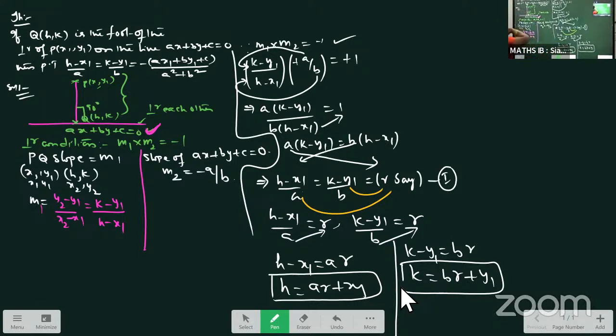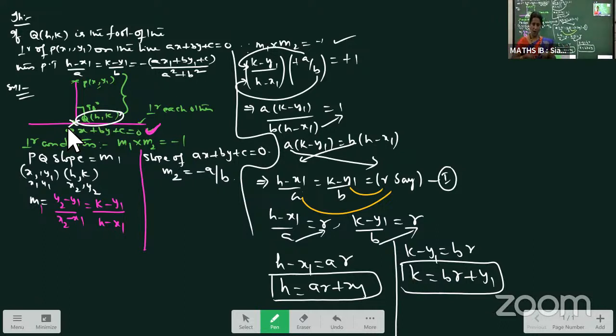See what we are observing: P is X1 comma Y1, Q is H comma K. Q H comma K lies on whom? On AX plus BY plus C is equal to 0. So exactly I am telling you a live example for that. You are walking on the floor with your chappals.